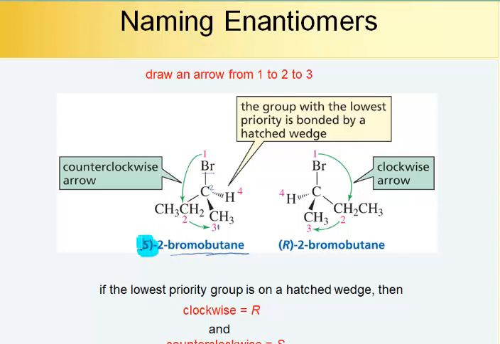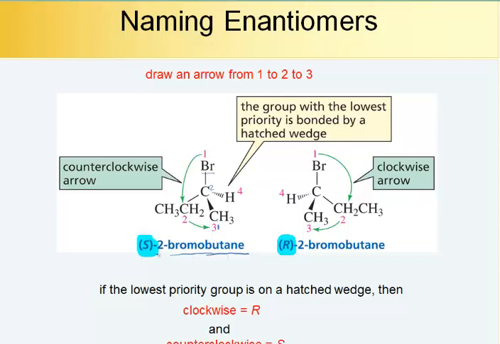Now this is the part we're adding. We are adding S and R to signify what order the priorities go in. On the left-hand side, our priorities go 1 in the north position at the 12 o'clock position, 2 down here to the left, and then 3 further over to the right. So this is a counterclockwise rotation. Because we go counterclockwise with these priorities, this is called an S-2-bromobutane.